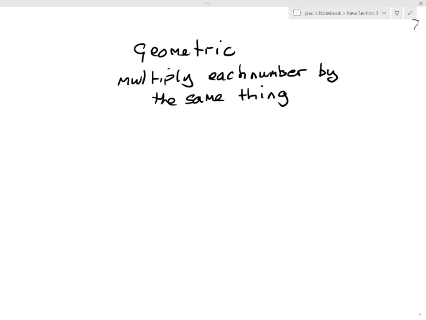So you may have a sequence of 8, 80, 800, 8,000, and 80,000. So we're multiplying each number by the same thing to get the next one in the sequence, and this would be seen as the rule. What rule are we applying to this sequence? And the rule is multiply by 10.